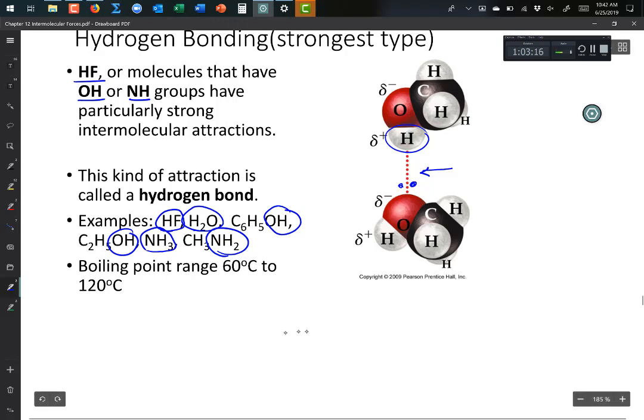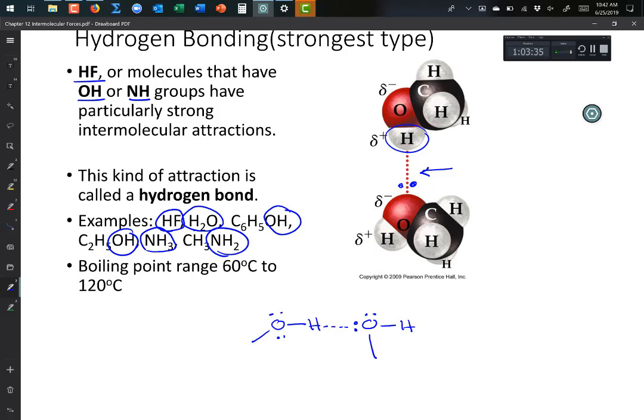So often, like we do in a Lewis structure, O, H, and over here you'll have another oxygen with a lone pair and an H, like this. The hydrogen bond is this interaction right there. It's roughly about 10 times stronger than a dipole-dipole interaction. So it's significantly stronger, and that's why the boiling points are so high.